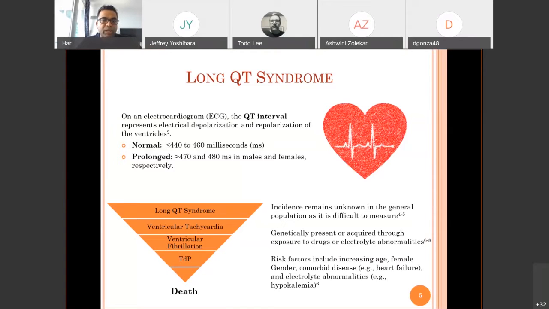But there's two main ways you can get this long QT syndrome. One is that it could be present when you're born, so part of your genetics, it's genetically present, or it could be linked to drugs. In this case, what I'm going to be talking about is how it's linked to drugs. And the way it does that is by disrupting the electrical current within your heart cells.